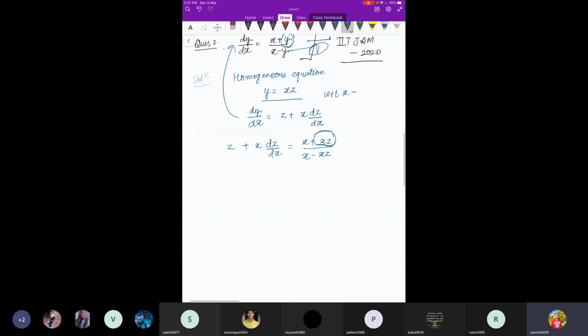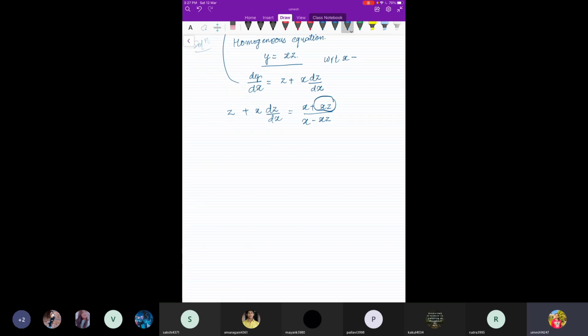Now we will do some manipulations. That would be x times dz by dx equals (1 plus z) upon (1 minus z) minus z. What I did, मैंने x को कॉमन लिया and it cut, like ऊपर नीचे से डिनोमिनेटर और न्यूमरेटर से ये कैंसिल हो गया and z को मैं RHS में ले गया.